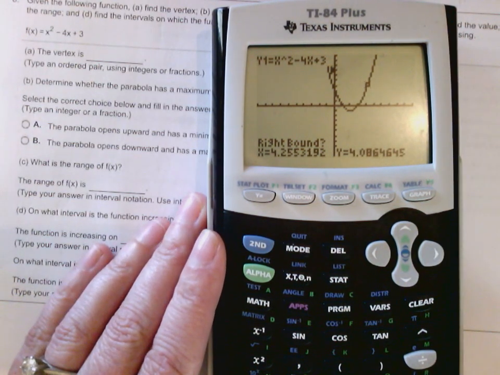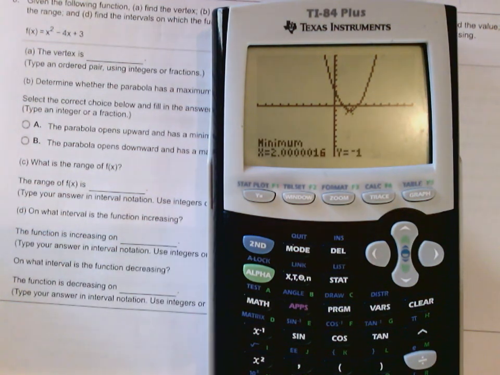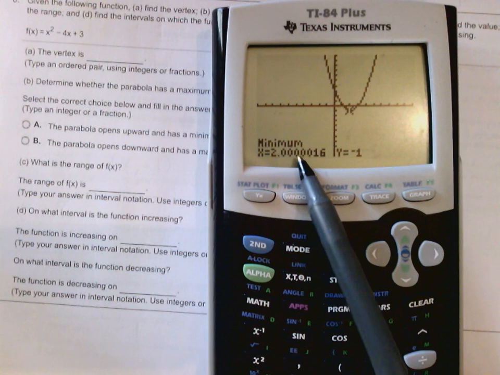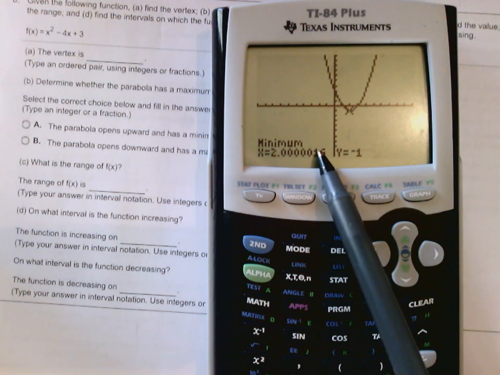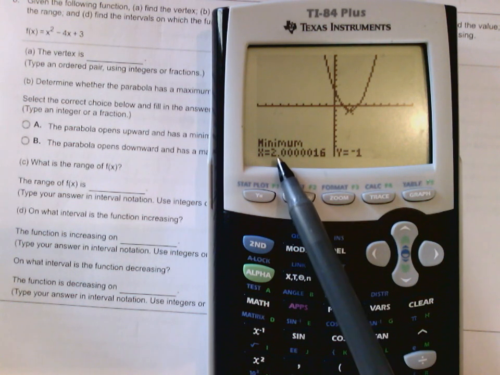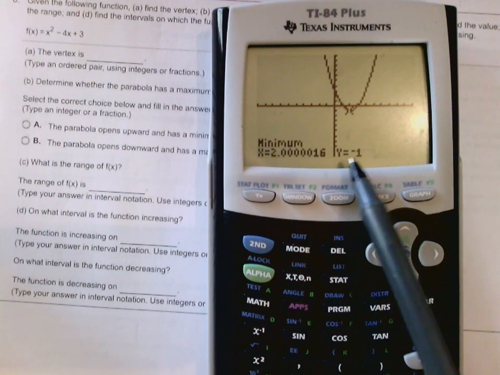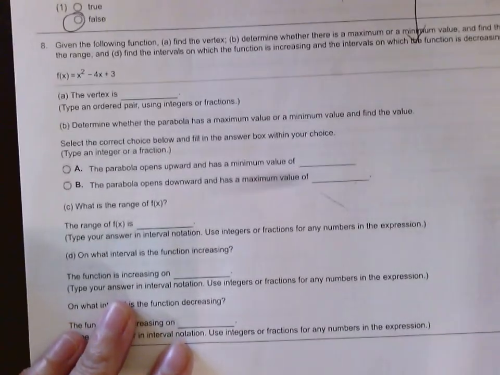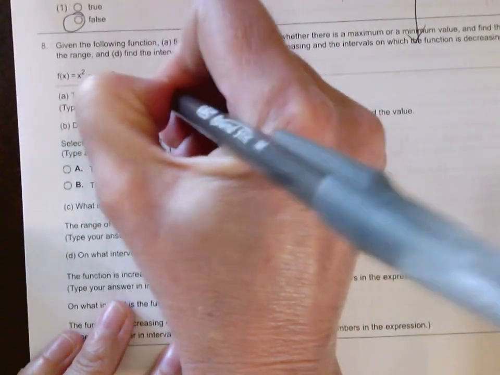And then hit enter twice. So when you get a number like this with 2 point, and then it's got a bunch of zeros, but then a number out here, that's just the same thing as saying 2. So the vertex is going to be at 2, negative 1. So the vertex will be at 2, negative 1.